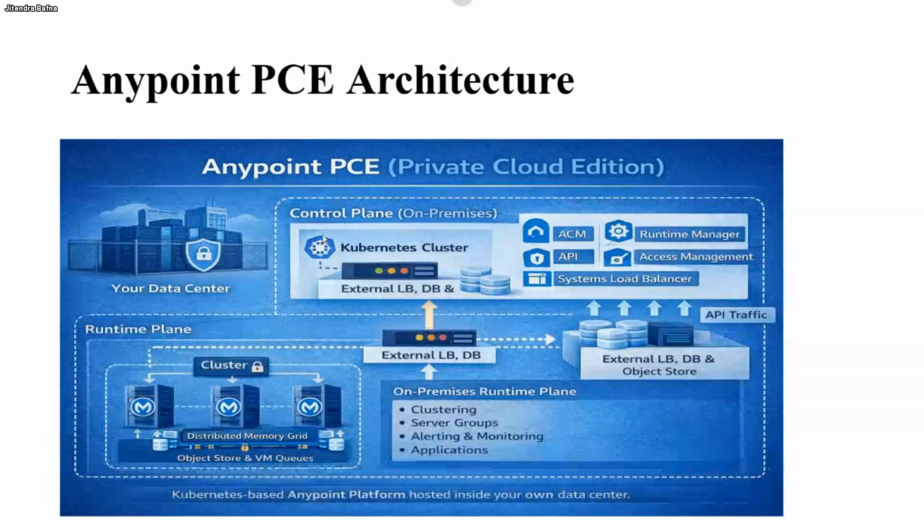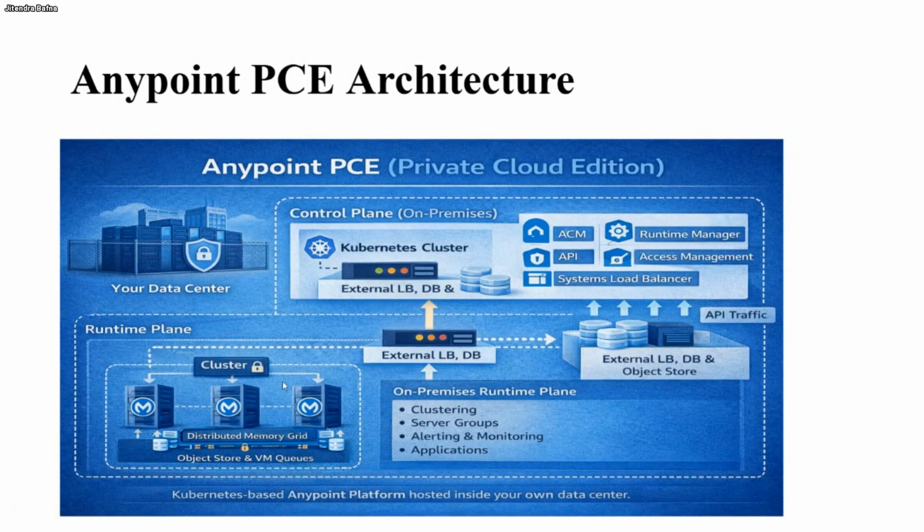So this is the typical Anypoint PC architecture. You have a control plane which is running on your Kubernetes cluster, right? It can have an external load balancer and some databases and everything. This is my complete control plane. You have an API, system load balancer, access manager, runtime manager, API manager, everything.